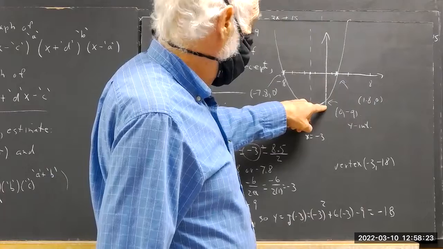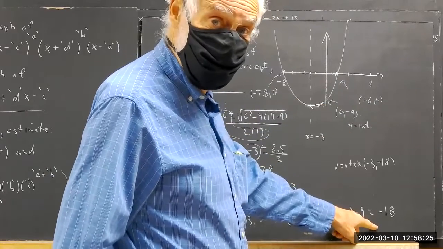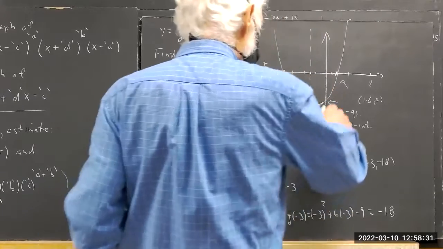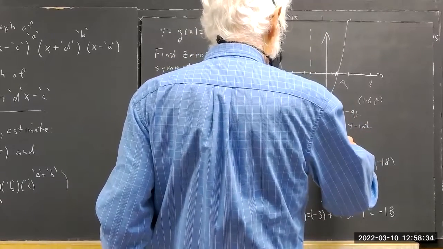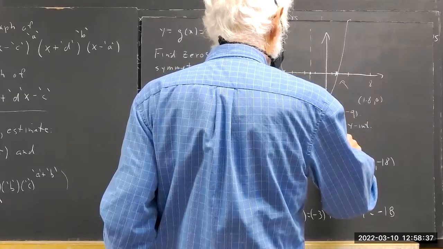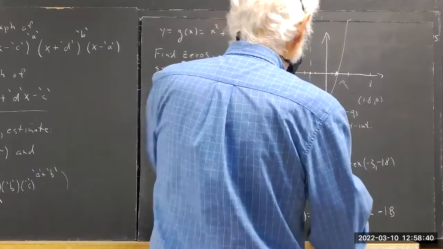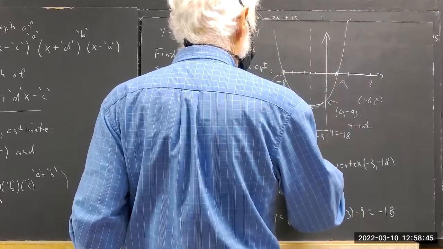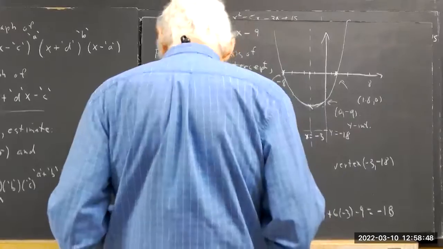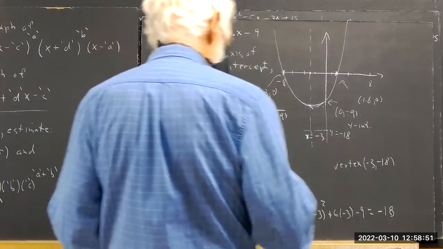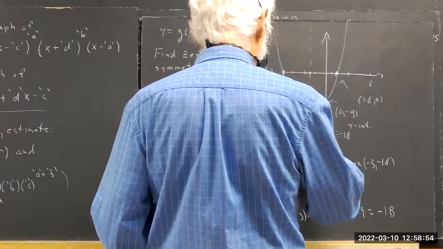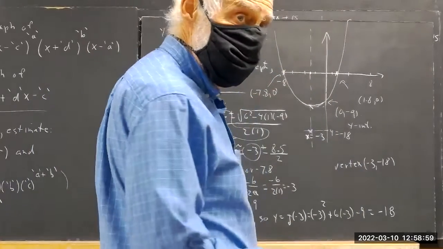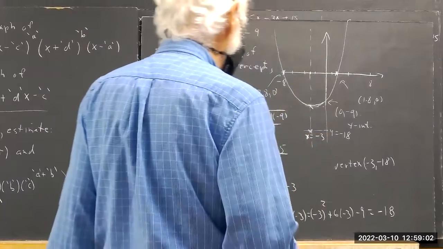That might be y equals negative 10 or negative 11, but it sure isn't y equals negative 18. So I've got to go back to the drawing board. Negative 18 would be all the way down here. Y equals negative 18 and x equals negative 3 gives me a point here. So now I have to redraw my parabola. Okay, this is a good parabola.